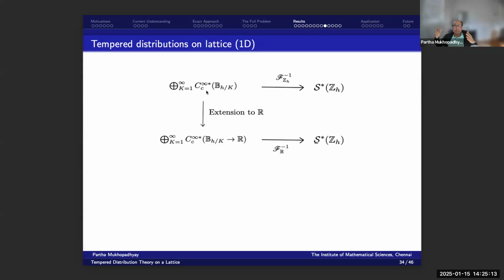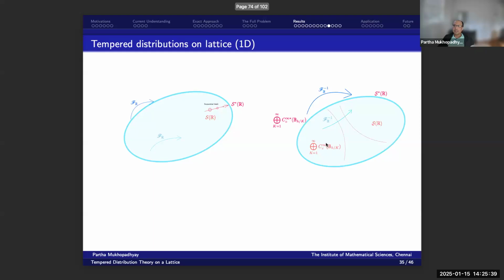If you extend them to the entire R by adding trivial zero values outside the Brillouin zone, and then do a Fourier transformation, that will give you the unique continuation of S star. Star means the dual of S. That will give you the unique continuation, S star lower bar. Actually, this is a typo. This argument must be R, because it's a continuum function, I mean distribution.